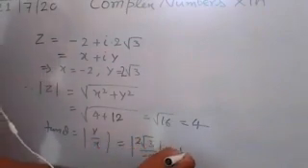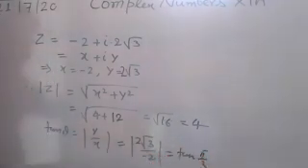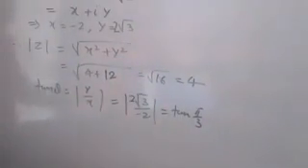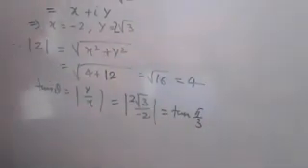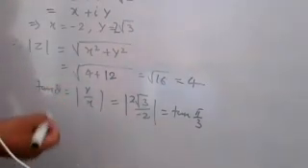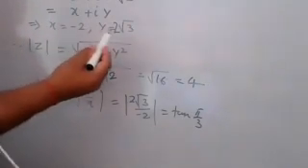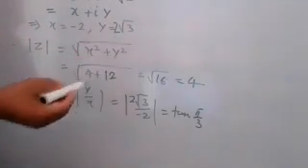So that gives the value tan pi by 3. That is equal to tan of pi by 3. Understand? And just you see in which quadrant z lies. Here you see that x is negative and y is positive. So it is lying in which quadrant?